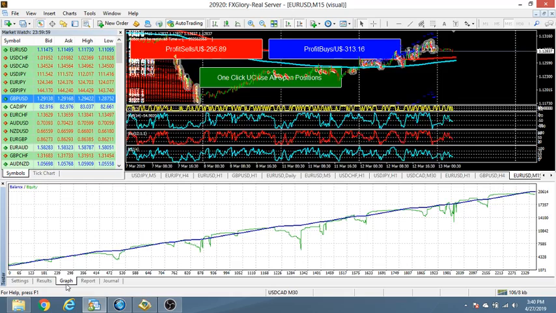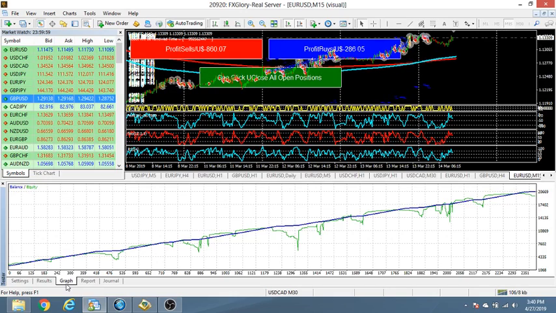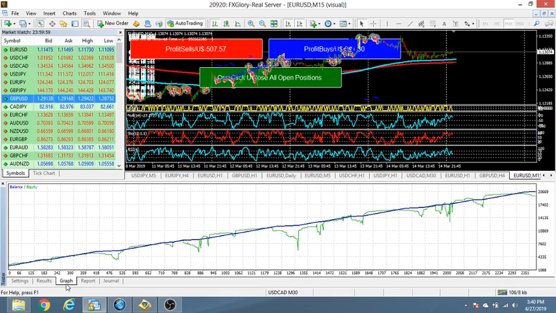You can see it open like crazy. Open buy, open sell. Sometimes they open at the same time.